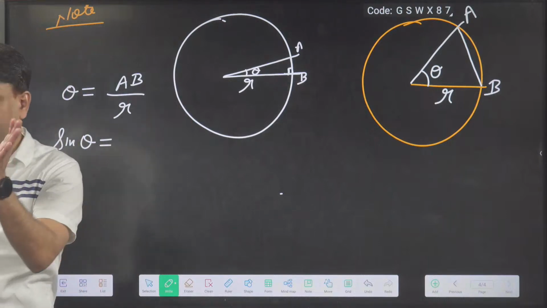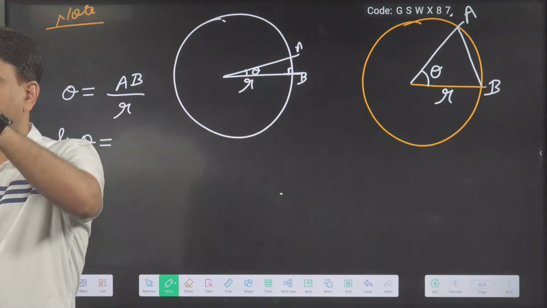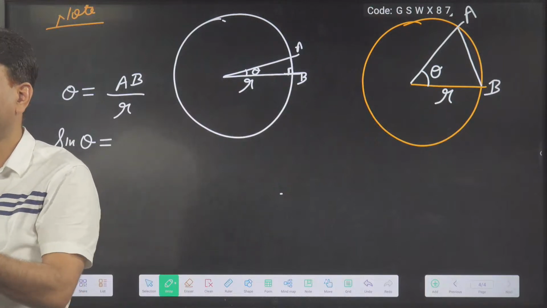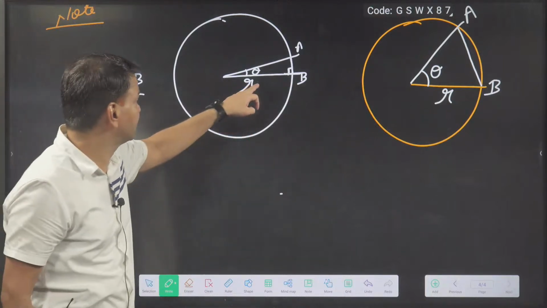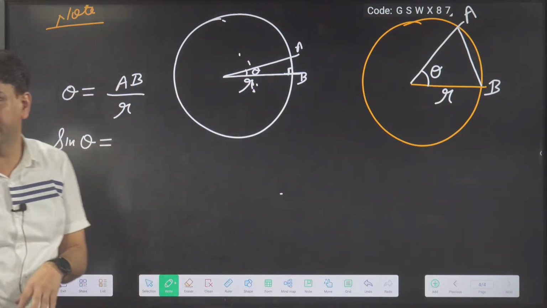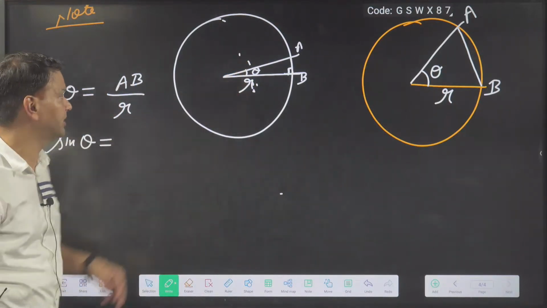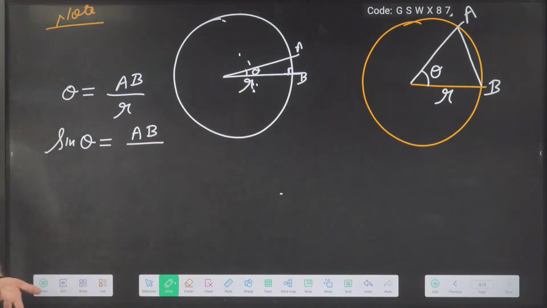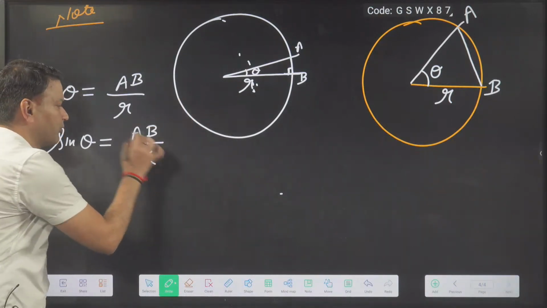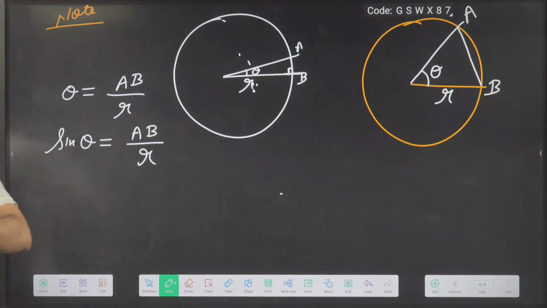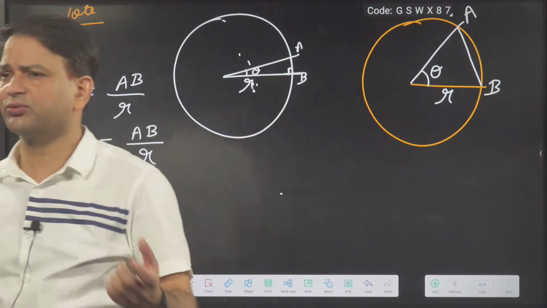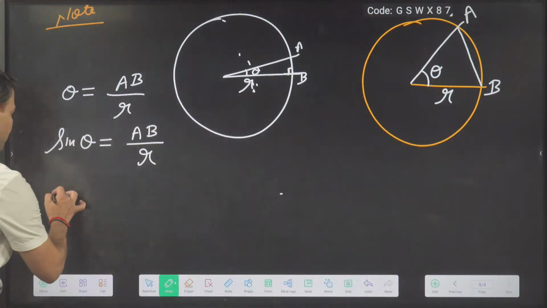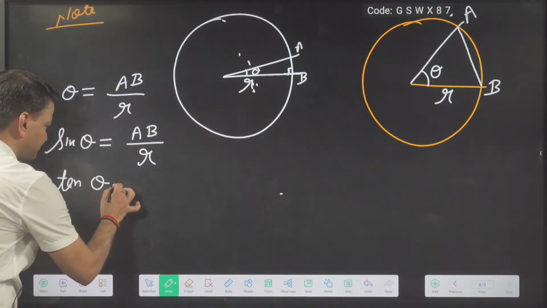So the opposite side I can take as AB, and the hypotenuse and the base both I can take as nearly equal to the radius. So sine theta is AB by R. Why? Because the arc is equal to the straight length, so with this approximation sine theta is equal to AB by R.